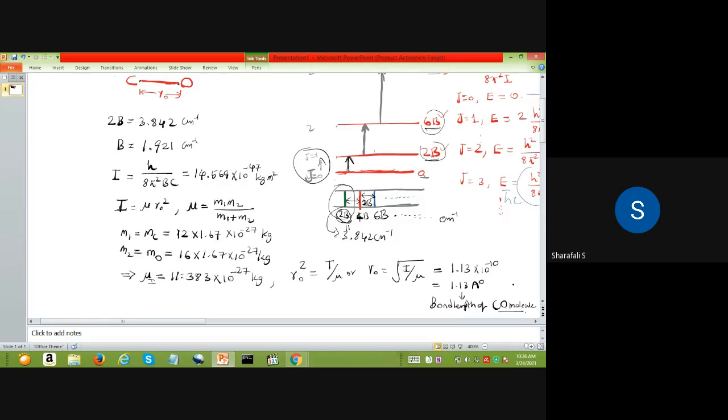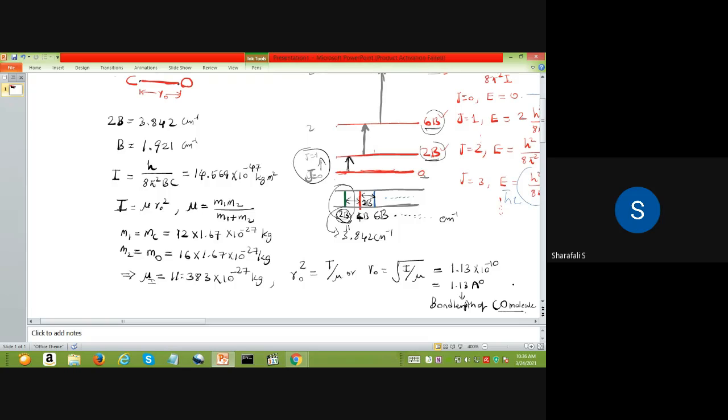So this is how we will use rotational spectroscopy to determine the bond length or the interatomic distance of different molecules. This is the simplest one when you have only two atoms, and this is the case of a linear diatomic molecule.